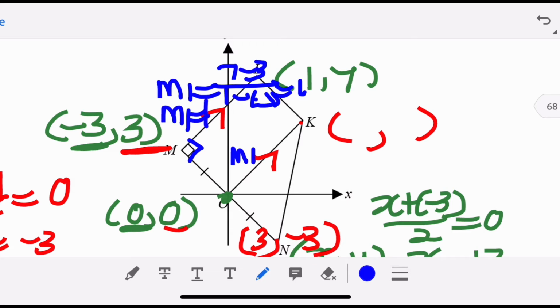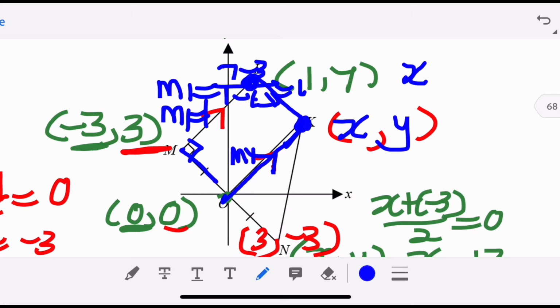So we can say that this point, if we find the point here, we can use the concept of the gradient, right? So this one is, let's say it's x, y, we're not sure. Okay, let's use the concept of the gradient. We can use the concept of gradient, or we can actually find the distance here, up to you.